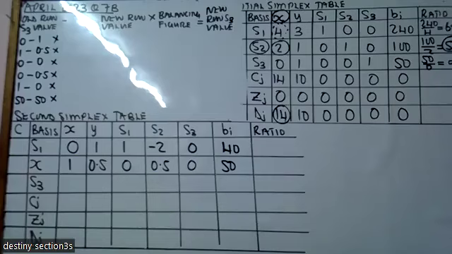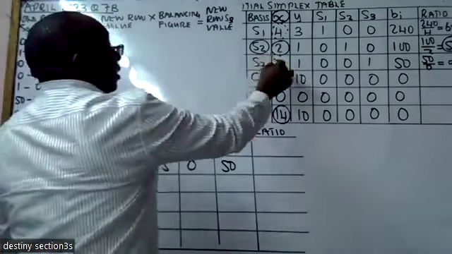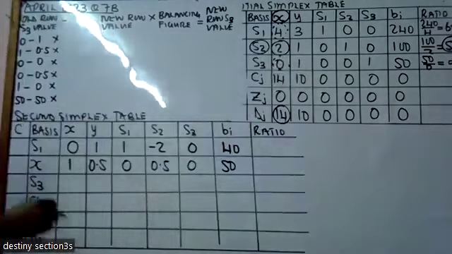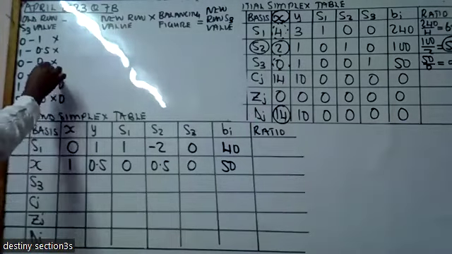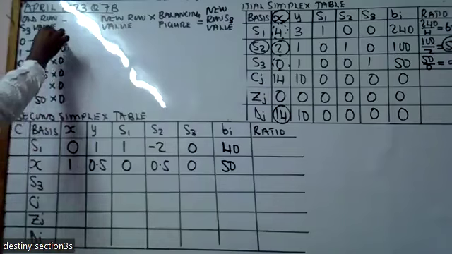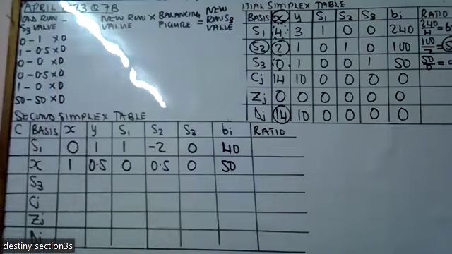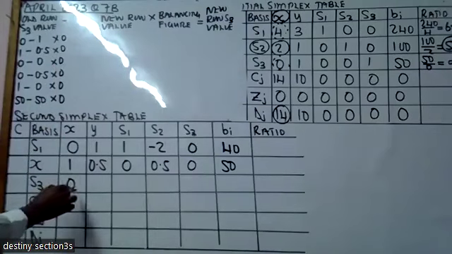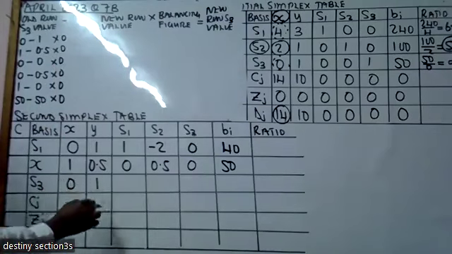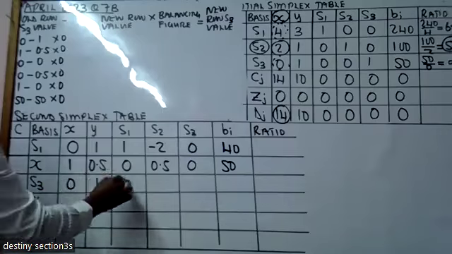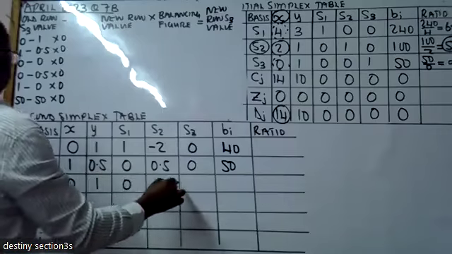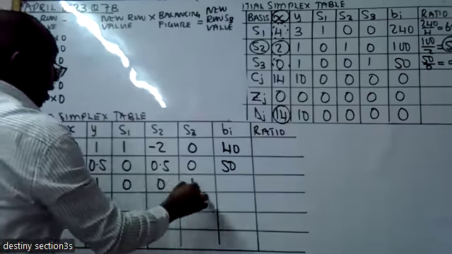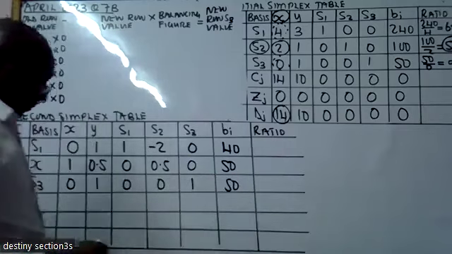So the balancing figure is this one. It is 0. So if it is 0 here, kila mahali, this one remains as 0. This one remains 1. This is 0. This is 0. This is 1, and that is 50.